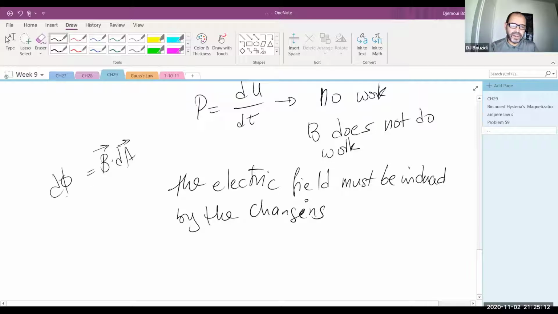This is the flux of the magnetic field, in this region of space, changing magnetic flux with time.